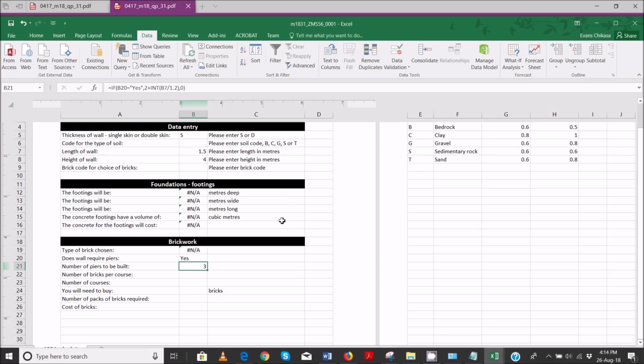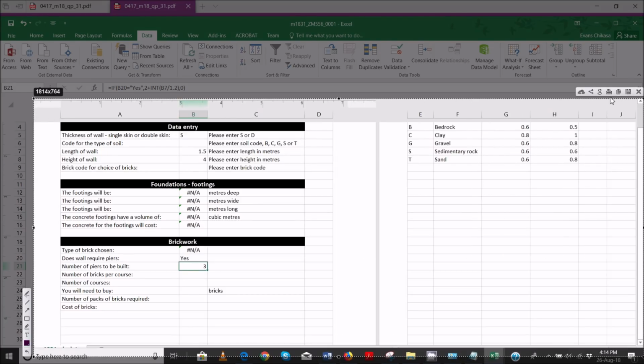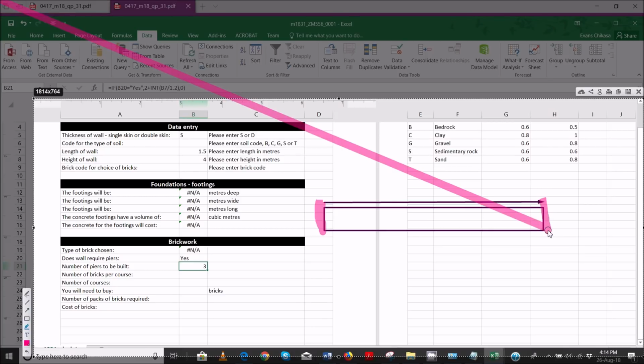How? Because of the two ends of the 1.5 meter wall. Let's say this is the wall, and the length is 1.5 meters from there to there. We are told that we need to have a pier at each end. So we have 1, then 2, and then one for every 1.2 meters.